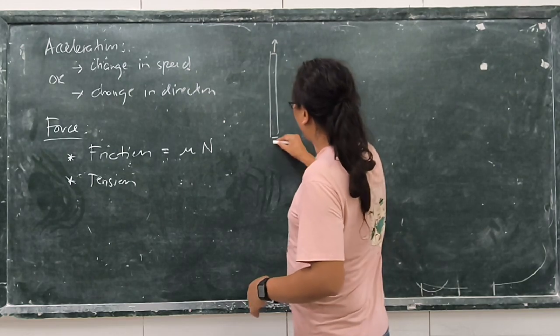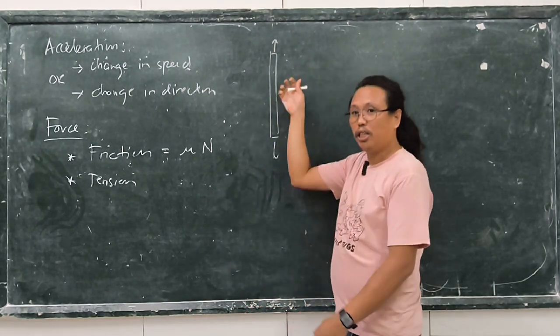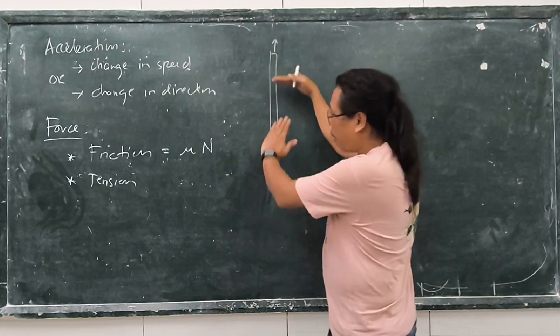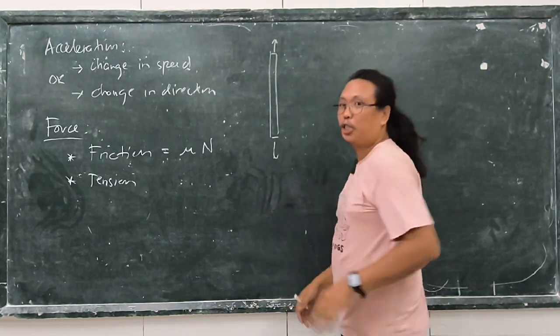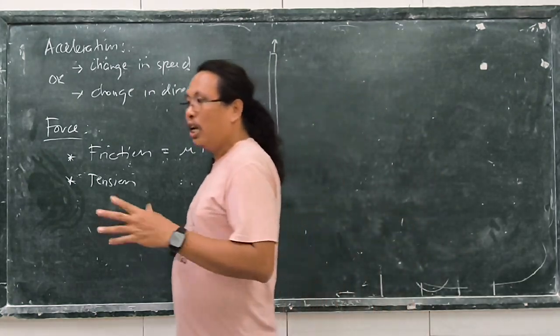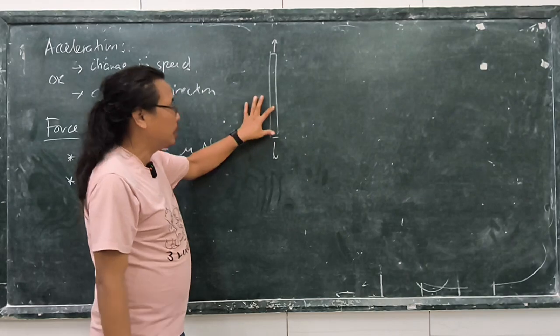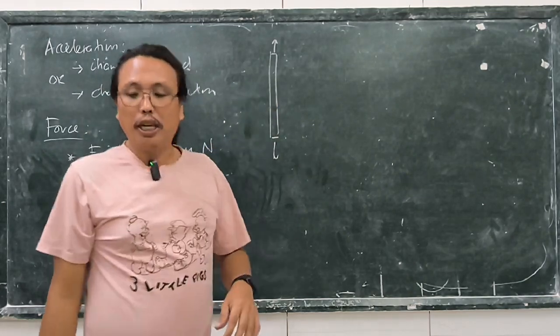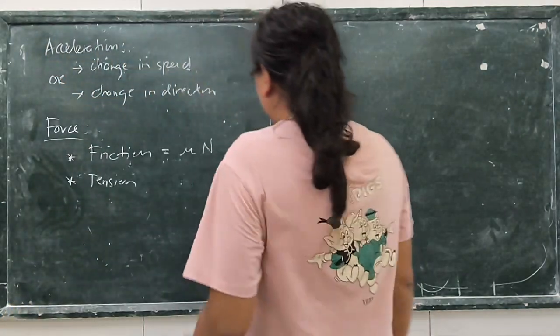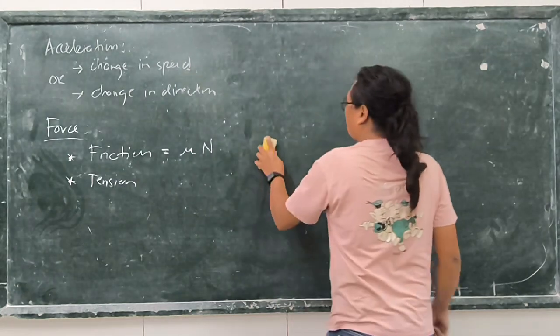Exerting a force on both sides will cause tension here, or exerting a force pushing inward will cause compression. Either way, that's actually tension. There is a force experienced. So tension is a reaction force. It has no formula, just like normal force.